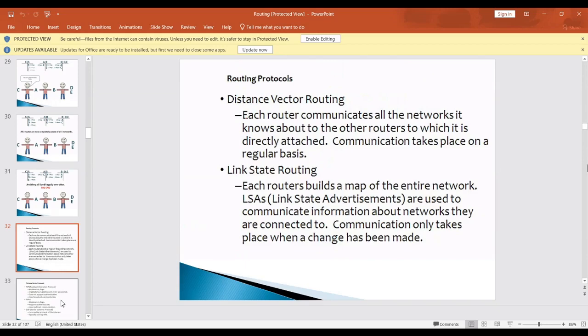Because in the initial stage, he maps the entire network he is attached to, and keeps the information with him. Then he uses a very nice mechanism called link state advertisement, LSA. They use link state advertisements to communicate information about the networks they are connected to, and the communication only takes place when a change has been made. So this is the beauty, right?